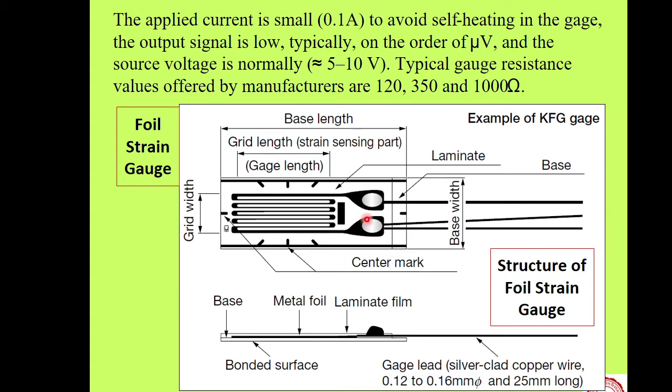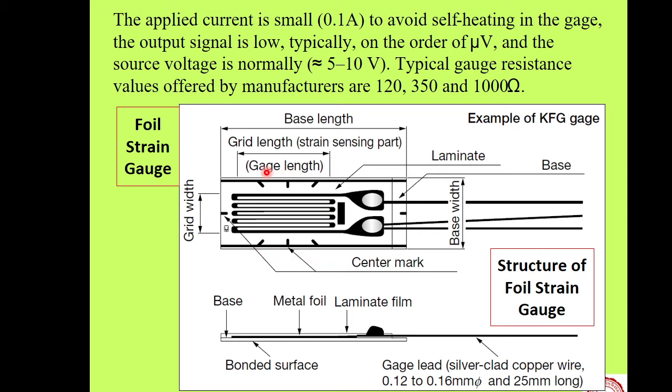As these strain gauges are special units, there are some limited manufacturers. Similarly, there are some limited manufacturers for strain measurement units. That is why the strain gauge has some standards.